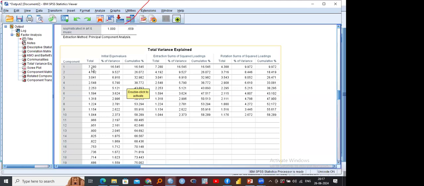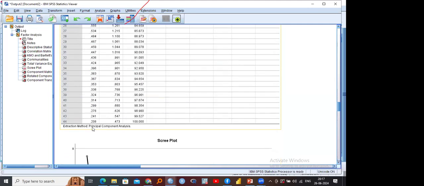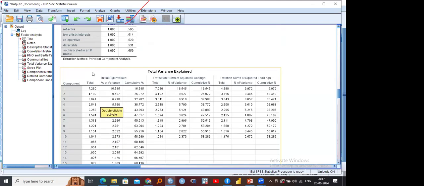Now, as you can see in the first column of this table, it has calculated eigenvalues for all 44 variables. Those variables which have eigenvalue more than 1, that is the cutoff by which you decide how many factors or components should be made.